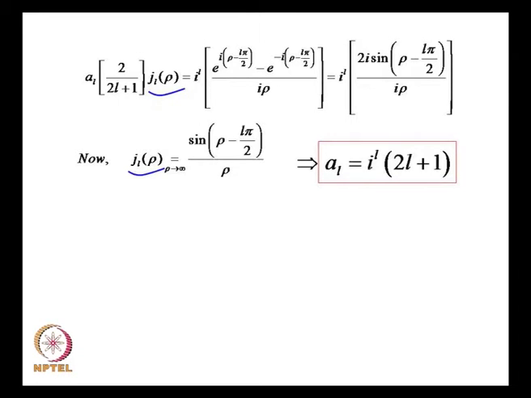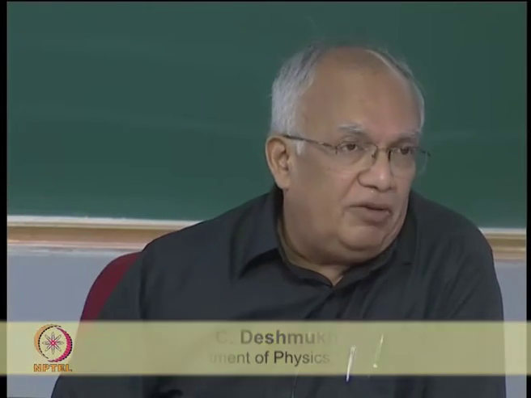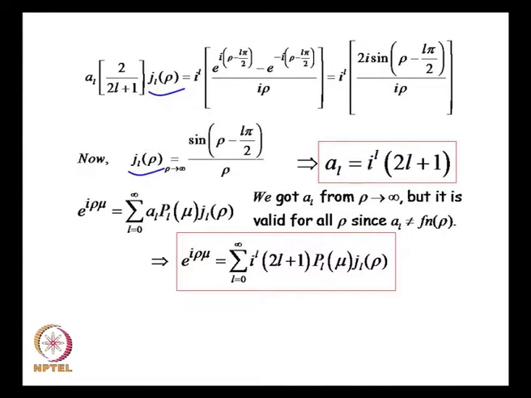So, now you know precisely what the coefficients AL are in the expansion of the plane wave. Now, of course, this solution is valid for the asymptotic region, but that is what we are interested in. So, these coefficients have now been determined. This AL is i to the L (2L plus 1), and then you have got the Legendre polynomials and the spherical Bessel functions.